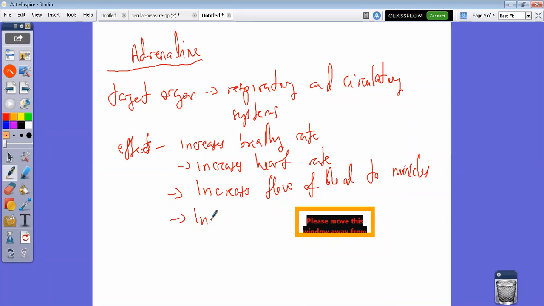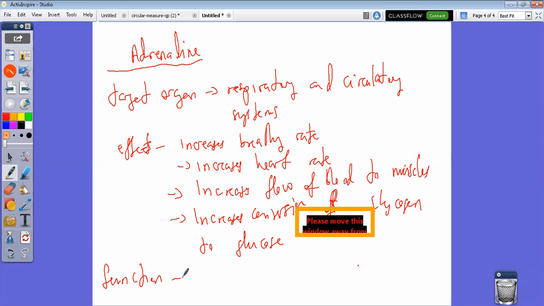Increases conversion of glycogen to glucose. Now, what's the main function of adrenaline? Who can tell me the main function of adrenaline? Why is it doing this? Its main function is preparation for a fight.